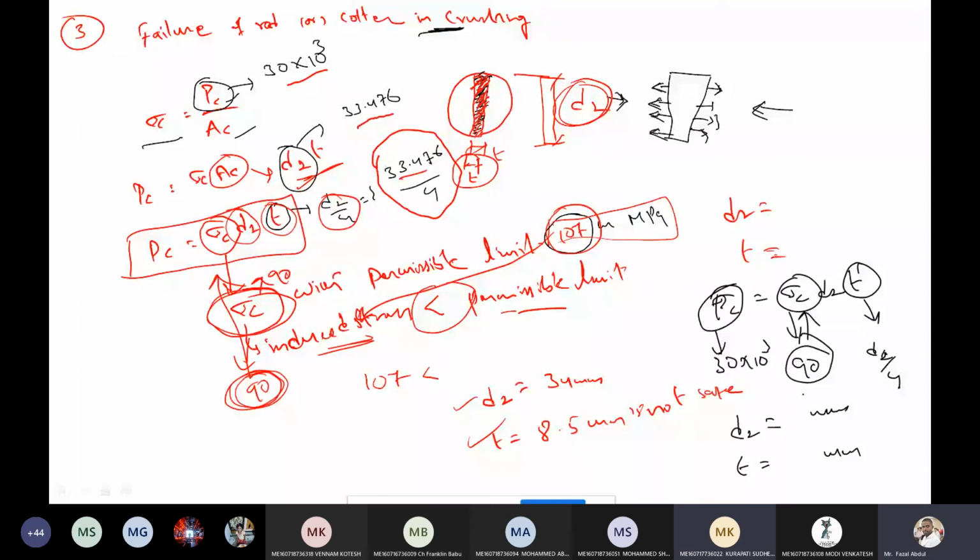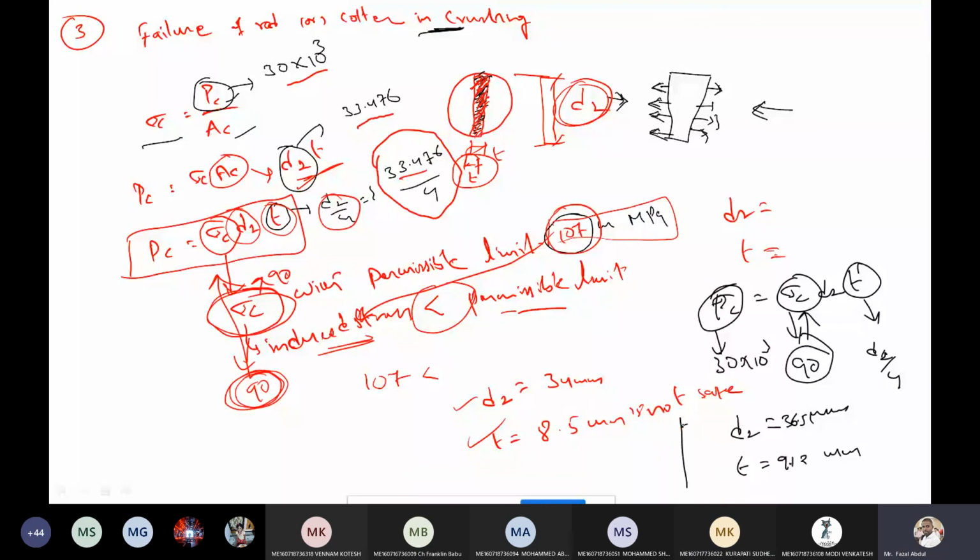Sir, 36.51. 36.51. Now what is T value? Sir, 9.12. 9.12.